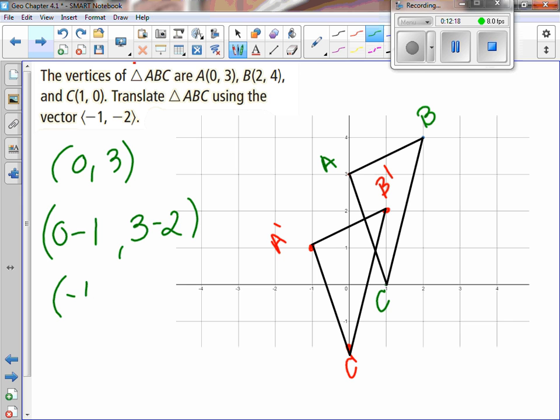Well, 0 minus 1 would be -1. 3 minus 2 would be 1, yes? (-1, 1). Is that where A ended up? Because this was A. Is that where our A prime ended up being? Yeah. We can do this mathematically. We can do these movements to each point. We can apply it to the numbers.